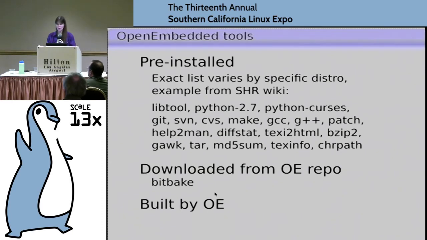So the actual core critical build tool that OE uses is not in this list of stuff that you get from your distribution. It is a new one called BitBake. This is not Make. This is a nifty Python application that has very different syntax and has a lot more features.